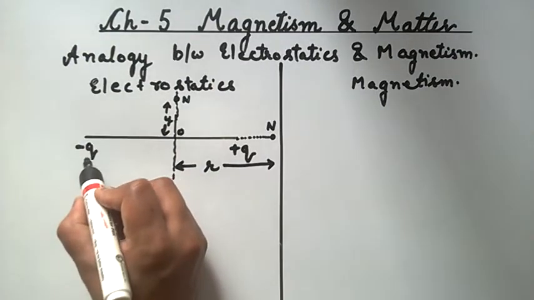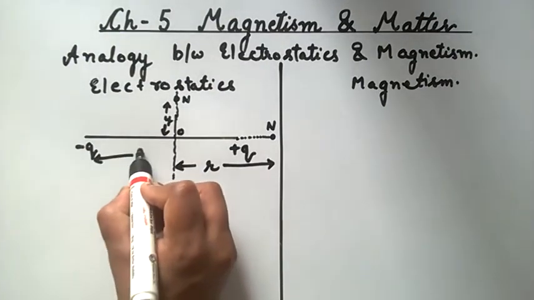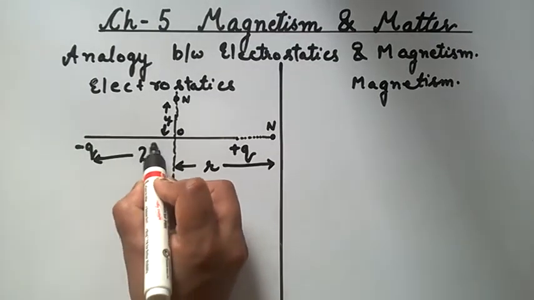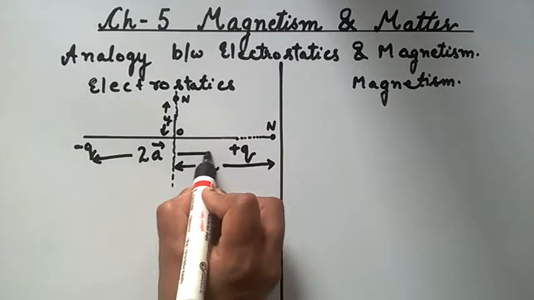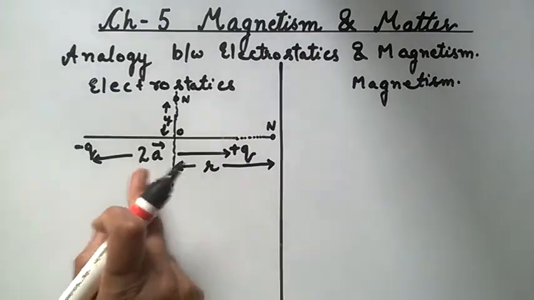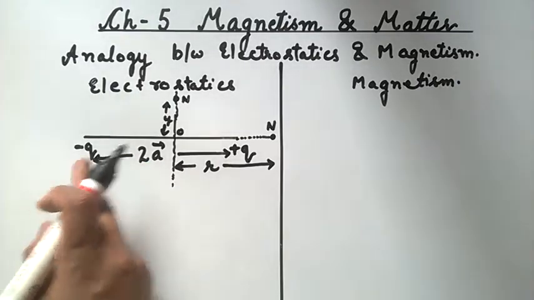The effective distance between the two charges is given by 2a vector. Here the direction is from negative to positive.